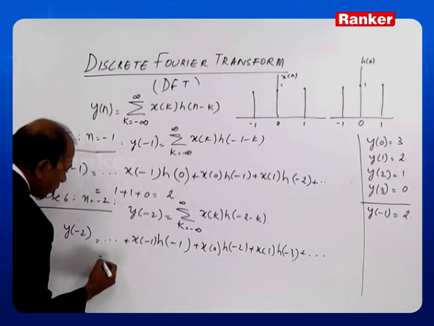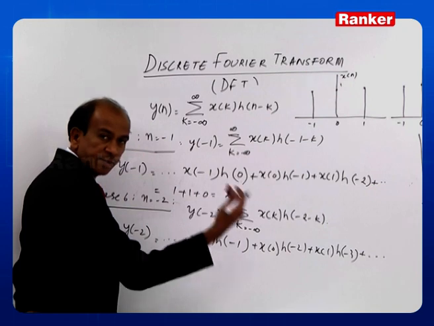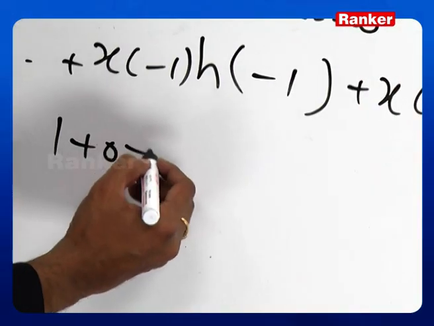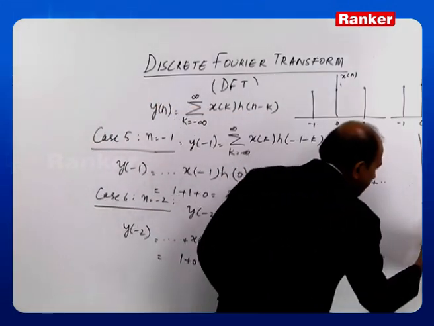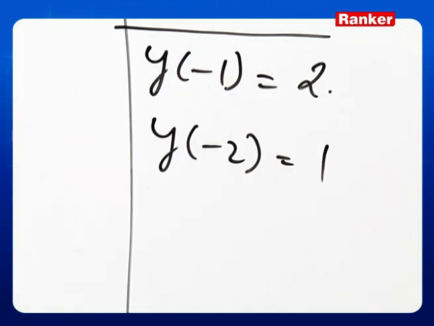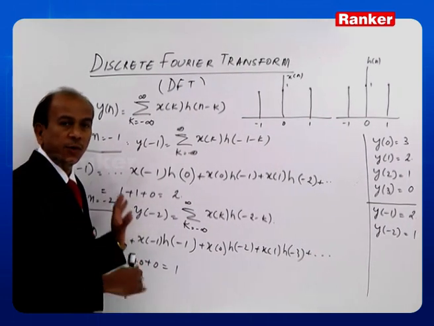So, this is 1 for us because both of them exist. h of minus 2, the system does not exist, so this becomes 0, and this of course also does not exist, so this becomes 0. So, what is y of minus 2 for me? It is equal to 1.